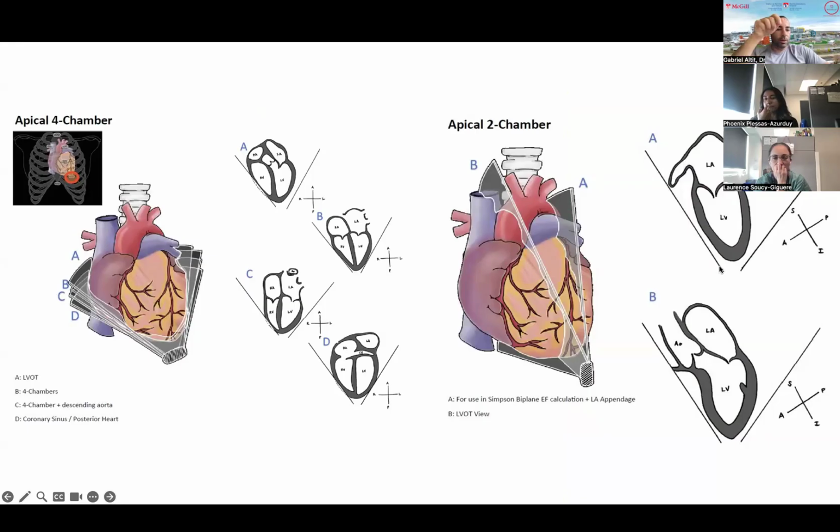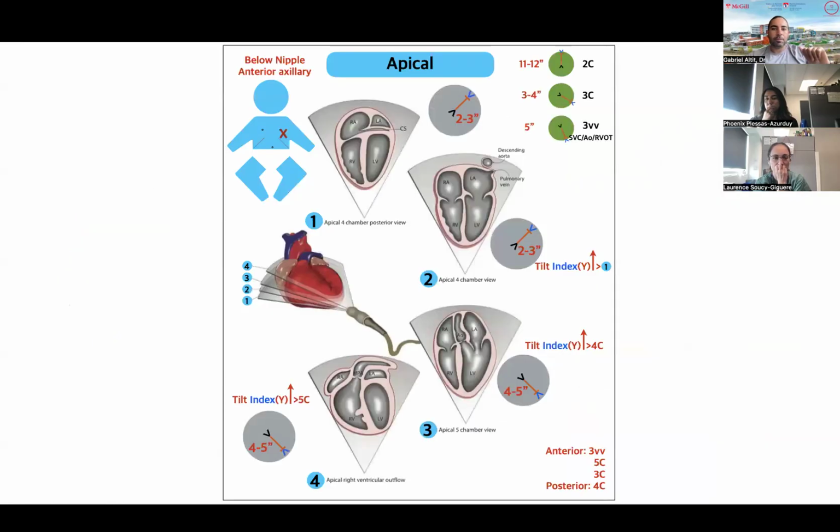If you turned it the other way, 90 degrees clockwise, then you would get this particular configuration on imaging. There's no right or wrong. It depends on the standard of how you do TEEs or pediatric cardiology echo in your lab.